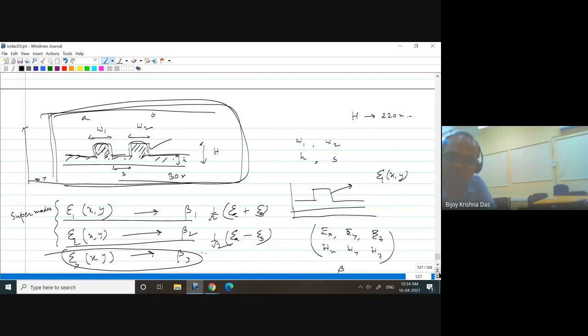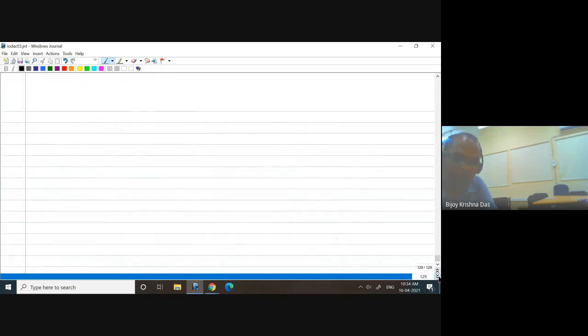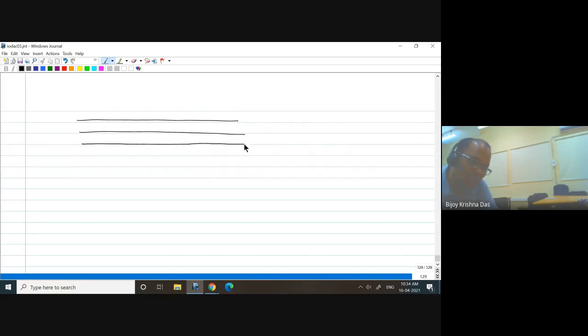Let me show this schematically. Suppose this is a top view of one waveguide, and then another waveguide at a certain distance. This is your x direction, this is your y direction, whatever you consider, and this is the z direction.